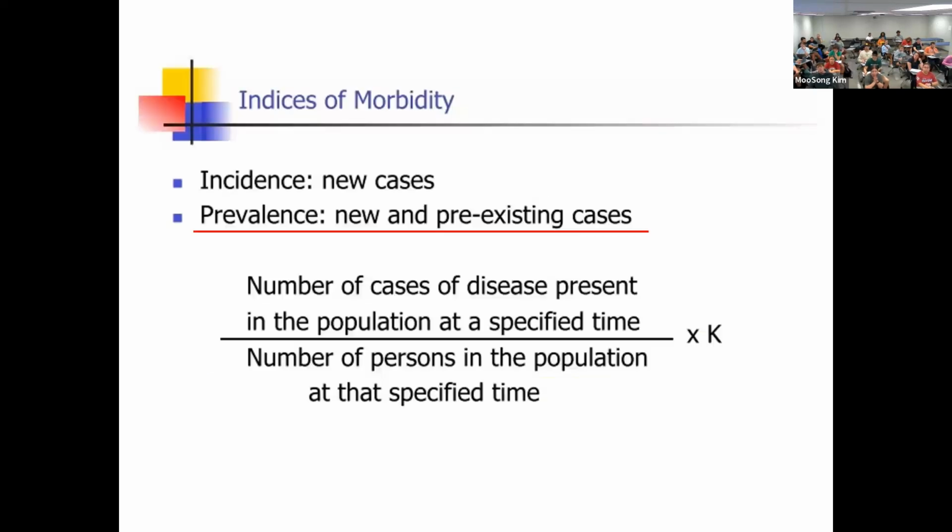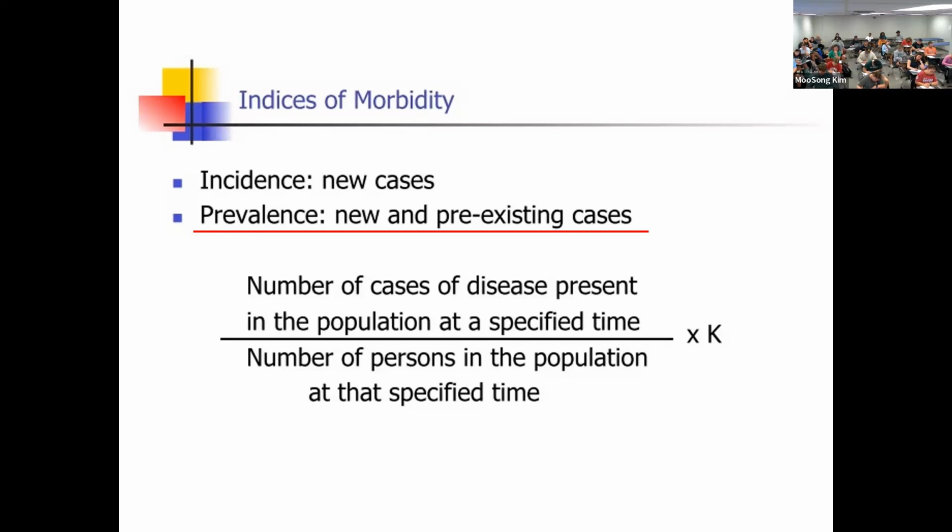Please write down this formula for prevalence: the number of cases of disease present in the population at a space-time period. Present includes both new and pre-existing cases. For prevalence, we use the total population, not the number at risk.